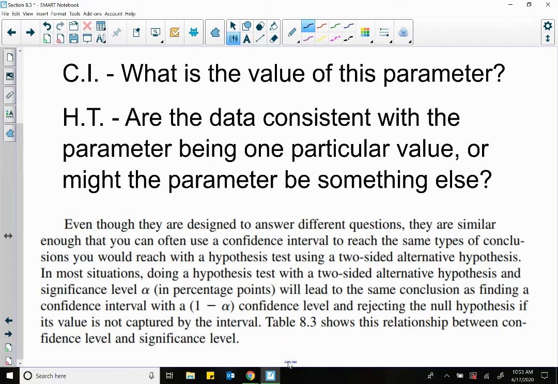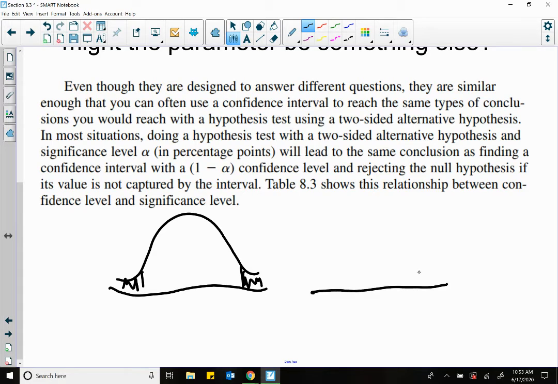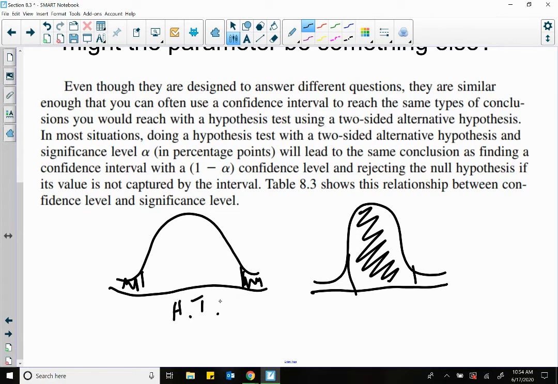Remember that if you look at the pictures of these, the two-sided tail looks like this. The confidence interval diagram would look like this. So you can see how your null hypothesis, if it's in this confidence interval, okay, so this is the hypothesis test, this is the confidence interval.